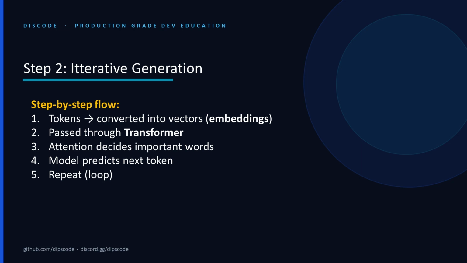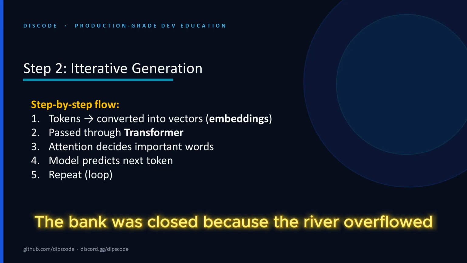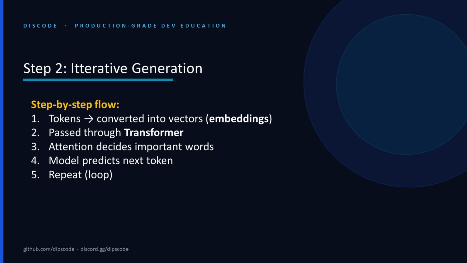Then at the third step, we have attention, which decides important words. So what does this mean? The attention mechanism. What is the self-attention mechanism? This is a paper published by Google. I will explain that in the series. But for now, think of it this way: the self-attention mechanism calculates which words in your prompt are most relevant to each other. For example, in the sentence, the bank was closed because the river overflowed, the model uses attention to link bank to river, rather than bank to money.